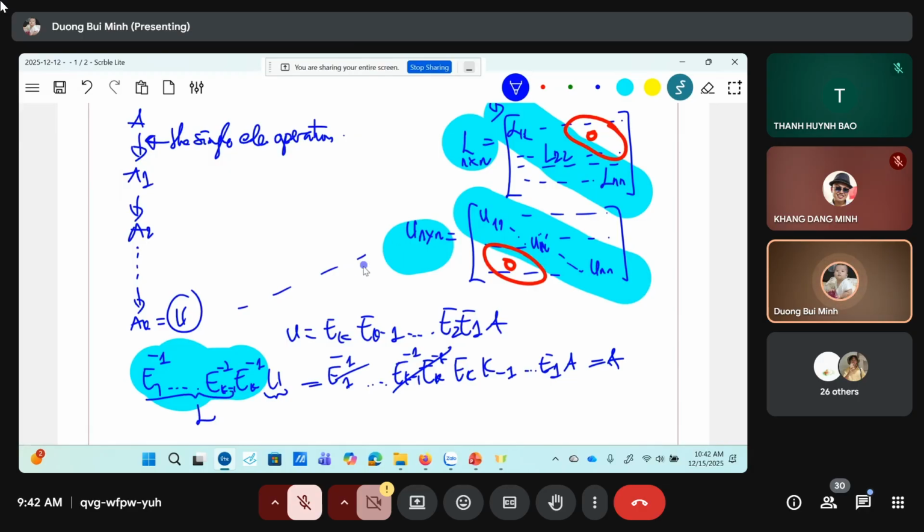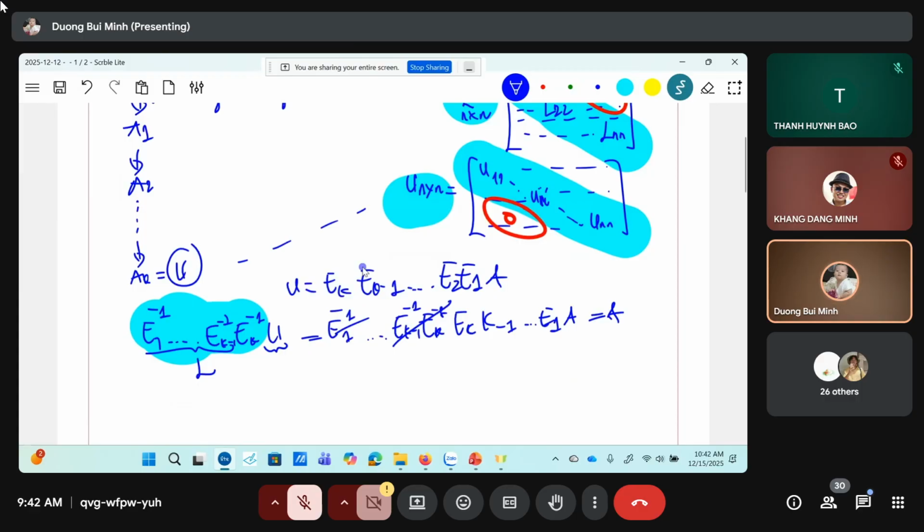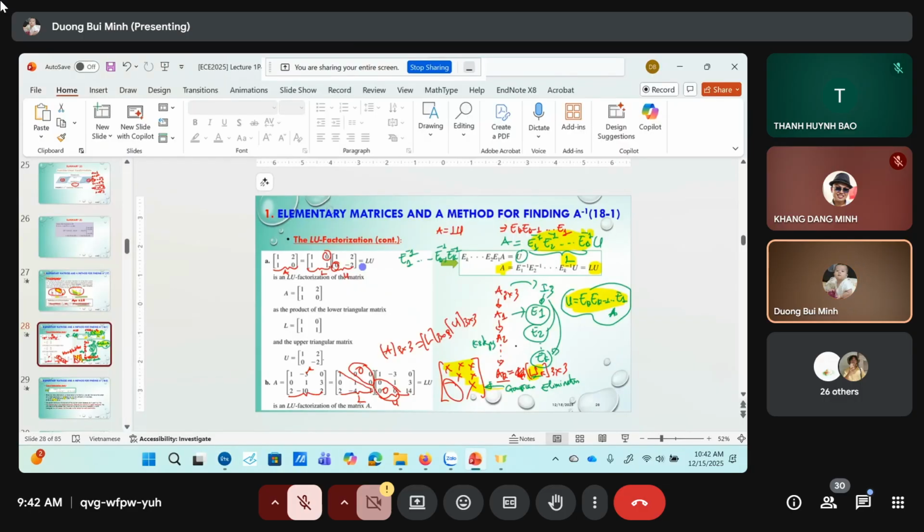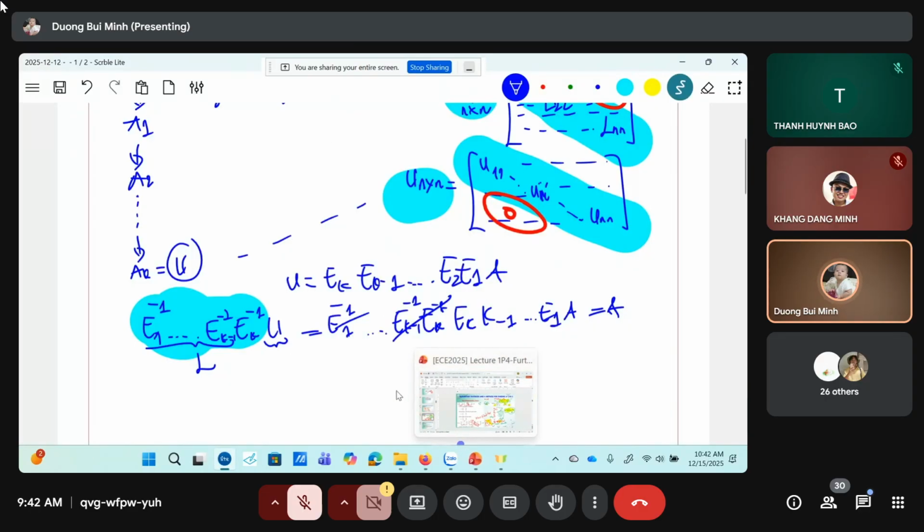Okay, so to get L, we can calculate the product of the inverse of E_1 and so on, times the inverse of E_k, like this. L equals the inverse of E_1 times the inverse of E_2 and so on, times the inverse of E_k.